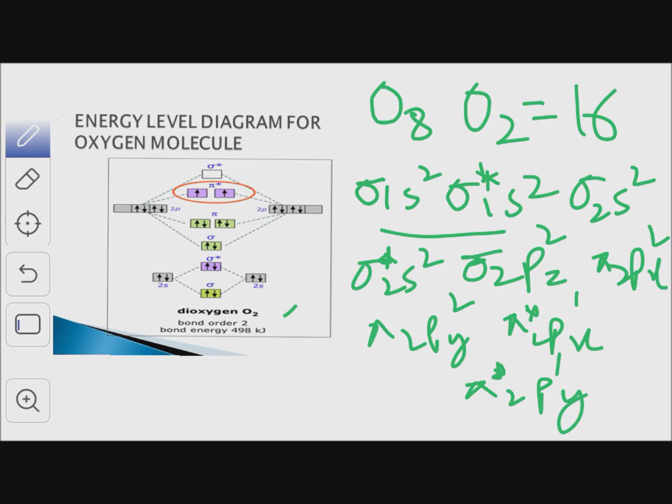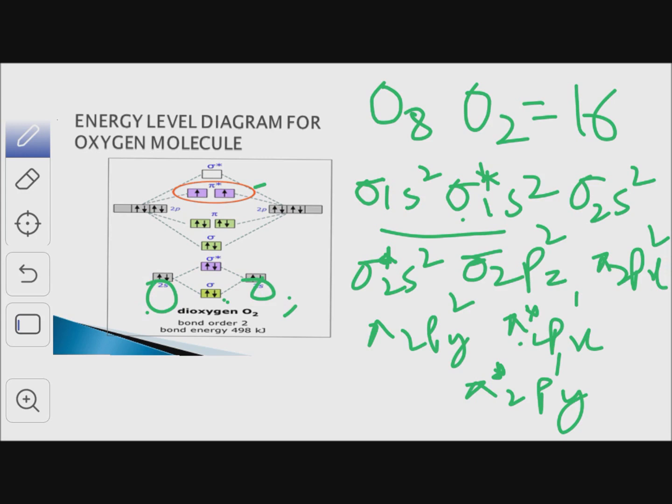This is the electronic configuration of the O2 molecule in terms of molecular orbitals. Sigma and pi represent the bonding molecular orbitals, and sigma star and pi star represent the anti-bonding molecular orbitals. Anti-bonding molecular orbitals are always higher in energy than the bonding molecular orbitals, which are of lower energy. And this 2s represents the atomic orbitals of the two oxygen atoms.